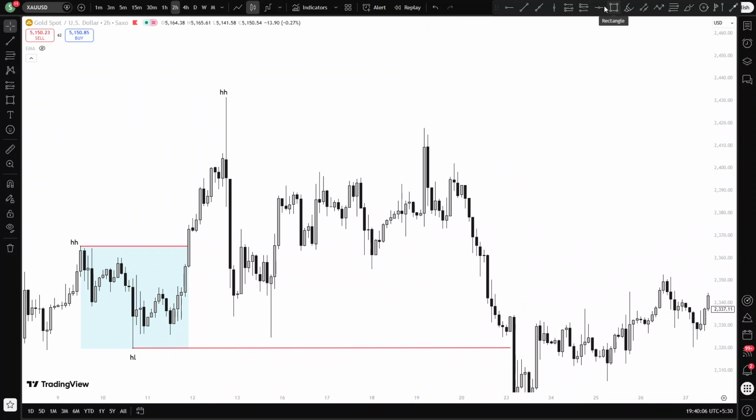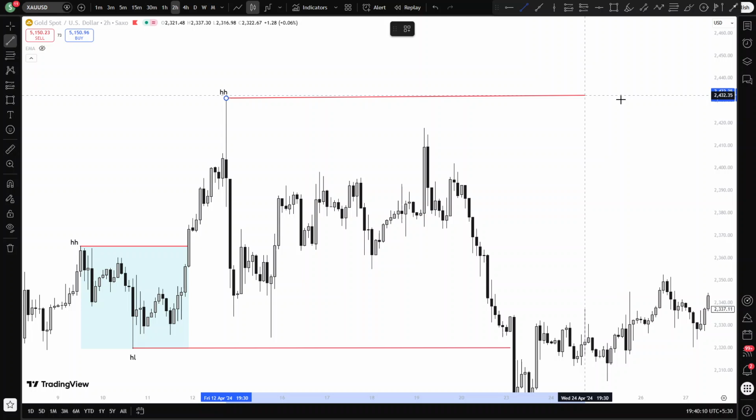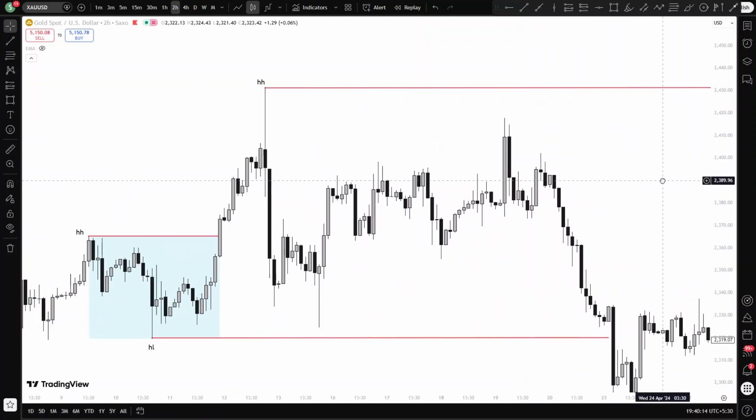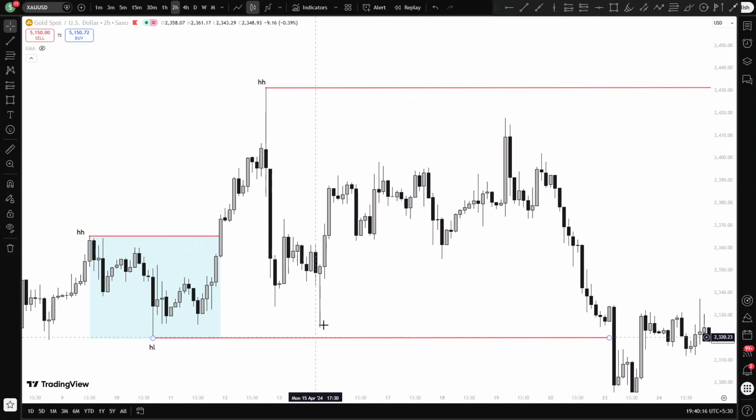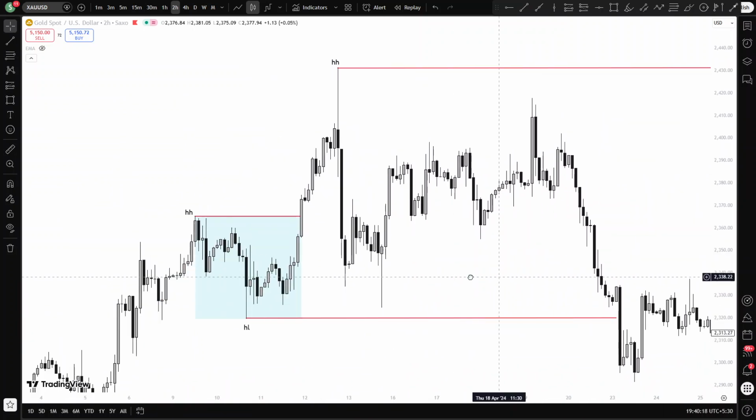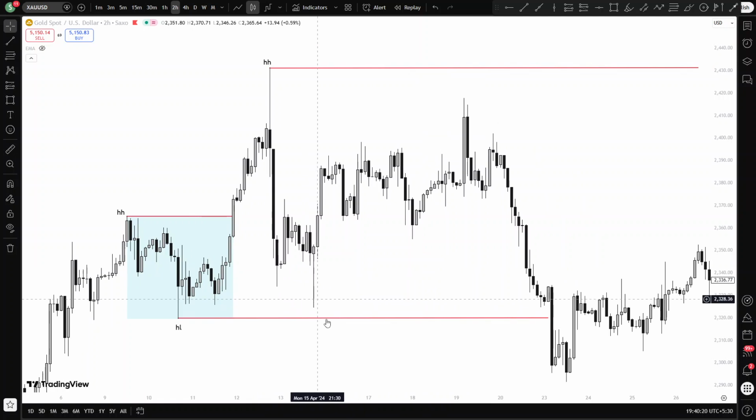We have to wait for the market to give us a breakout at this point. That's when we can have a confirmed higher low. This is what I was talking about. You cannot mark this point as your higher low, even if it came so close to this point. Why? You have to wait for the breakout.